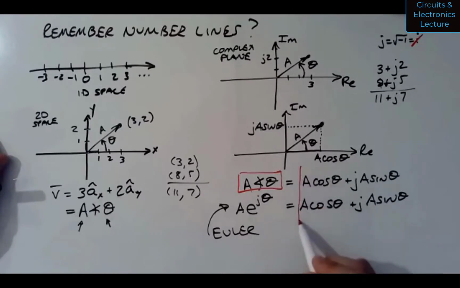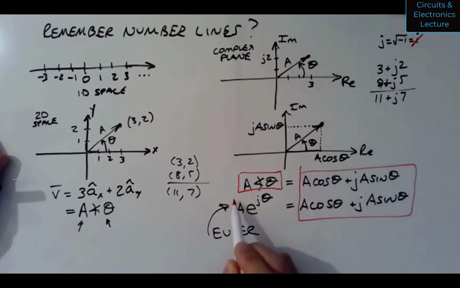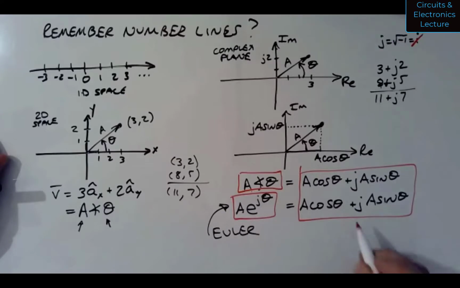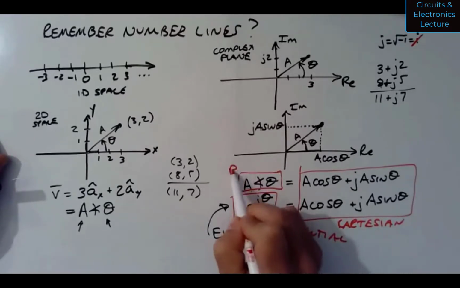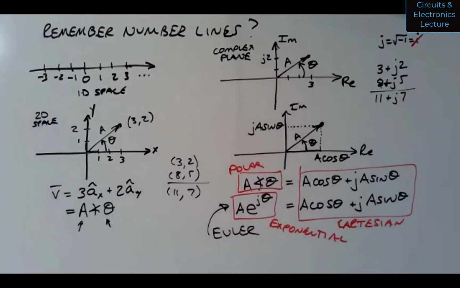Polar form, these are both the same over here, rectangular form, or exponential form. And all 3 let you describe a magnitude and an angle.